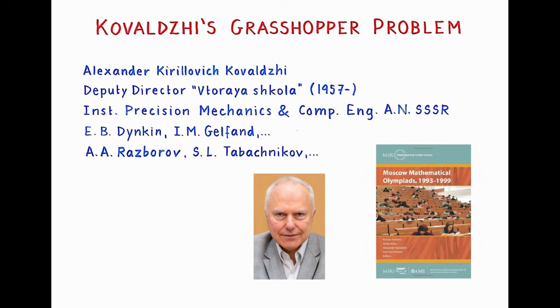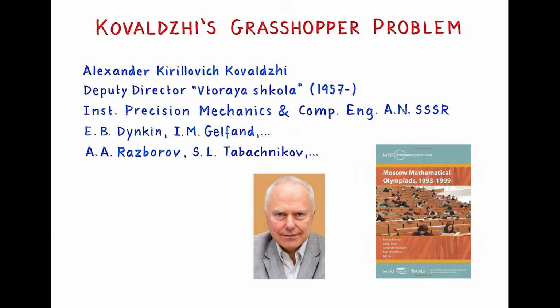and things like that. Now, the Vtoraya Shkola was at the center of Moscow, so you can imagine how many factories there were in the neighborhood that they could establish some relationship with. But they came up with a wonderful idea. In the same district, very close by, there was the Institute of Precision Mechanics and Computer Engineering of the Soviet Academy of Sciences.